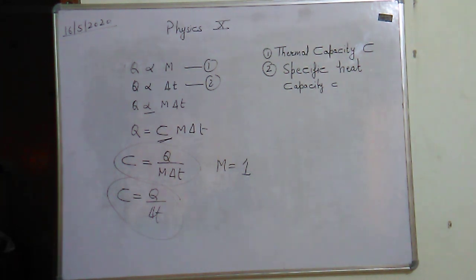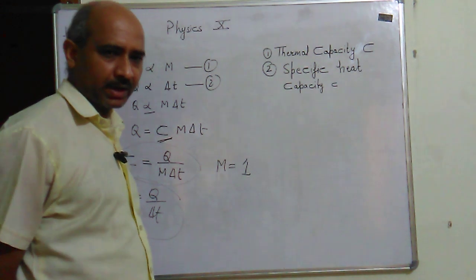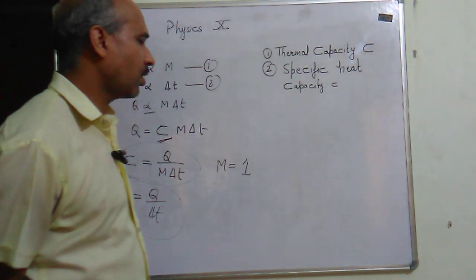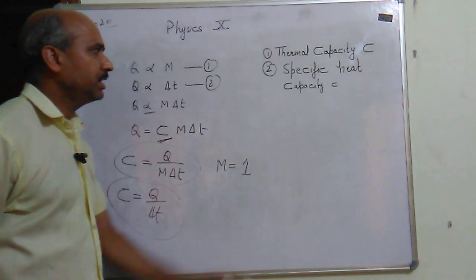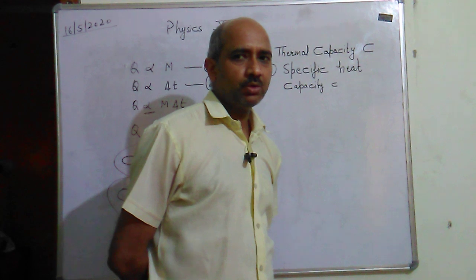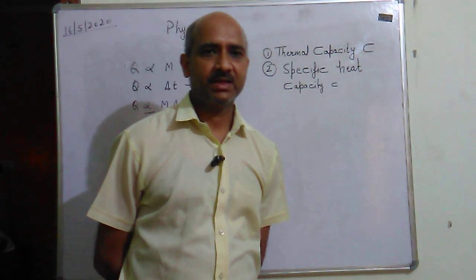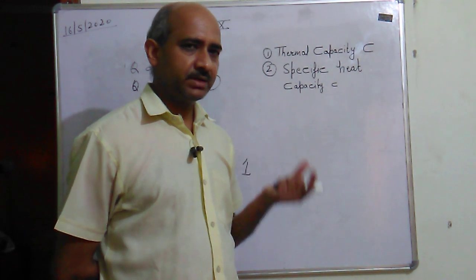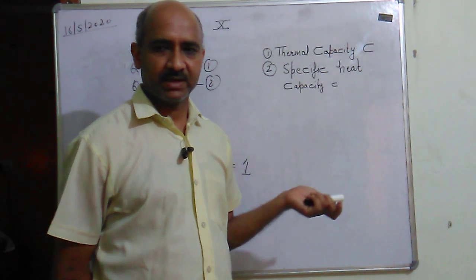If I want to define the thermal capacity, I simply say that thermal capacity is nothing but the amount of heat required to raise the temperature of the body by 1 degree Celsius. Thermal capacity means the amount of heat required to change the temperature of the body by 1 degree Celsius, or we can say it is the amount of heat required to change the temperature of a given mass of a body by 1 degree Celsius.